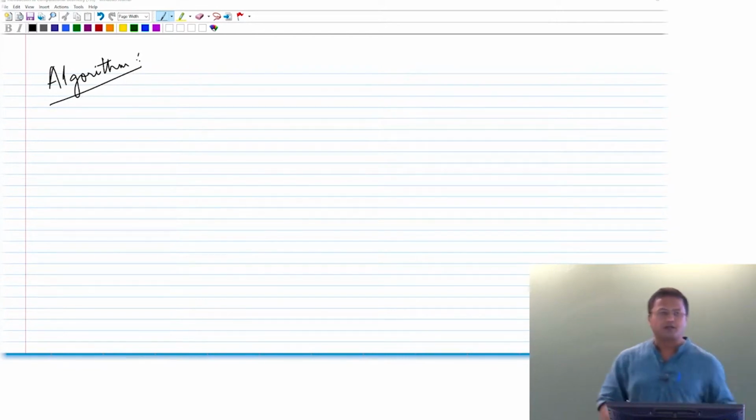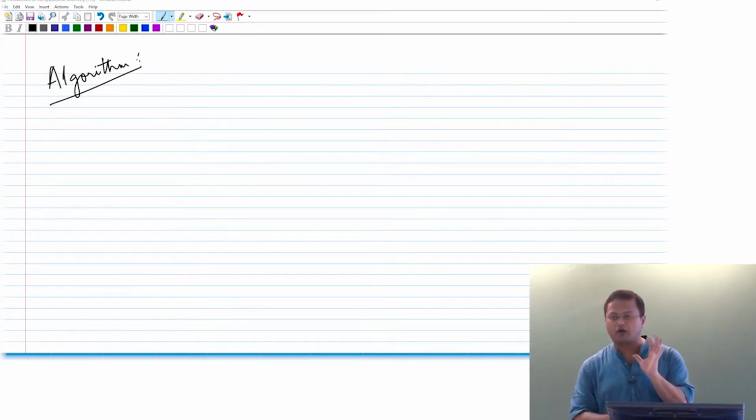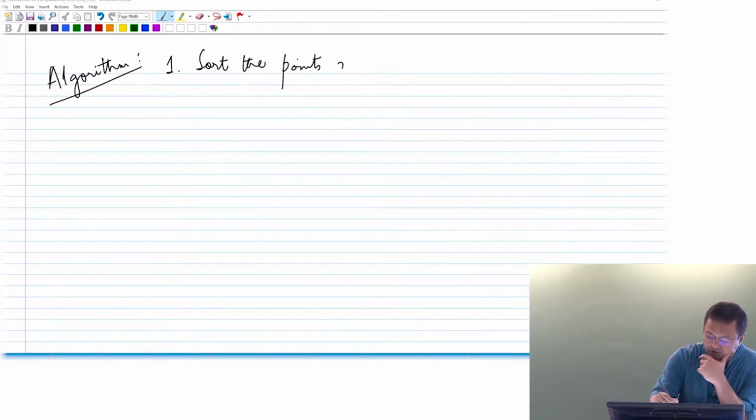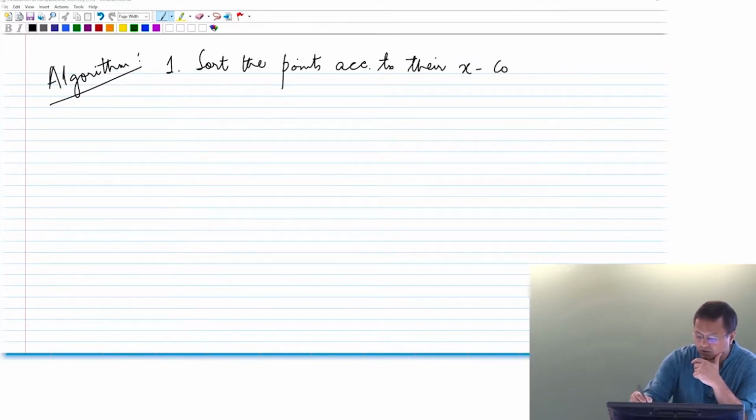Now, because I am targeting an n log n time algorithm, I can do a sorting. So, my first step is to sort the points according to their x coordinates.